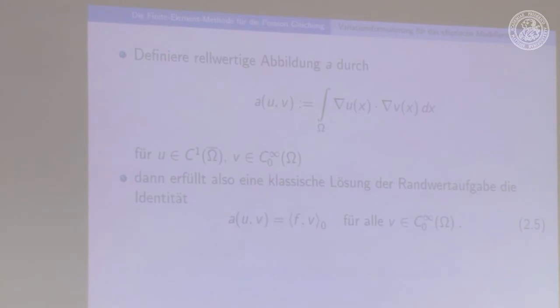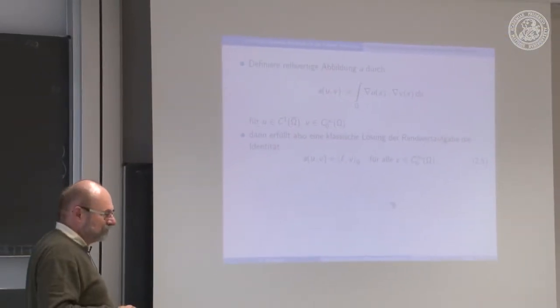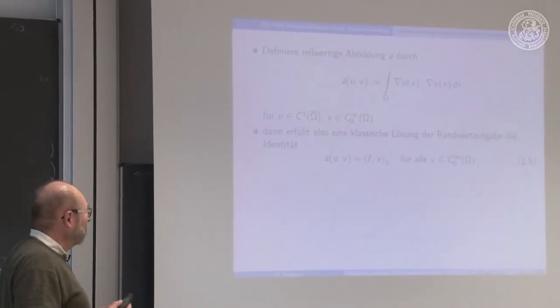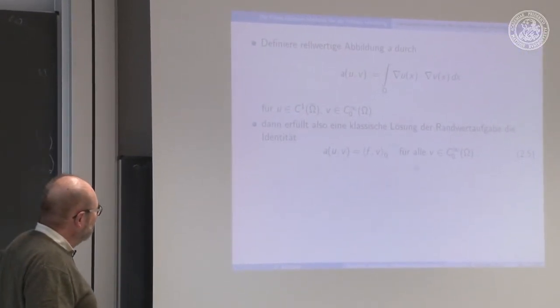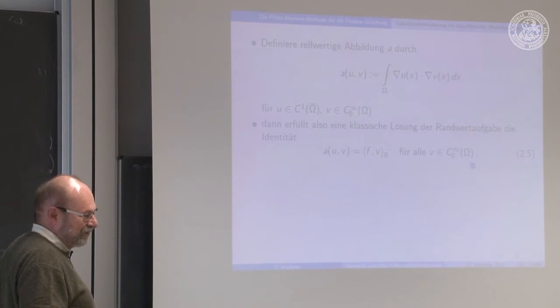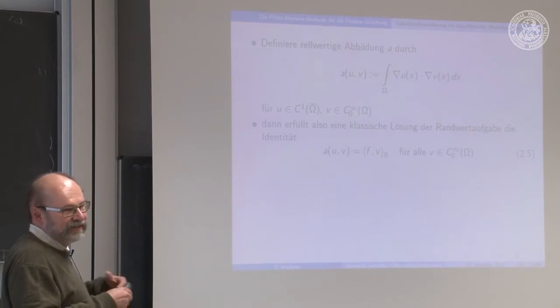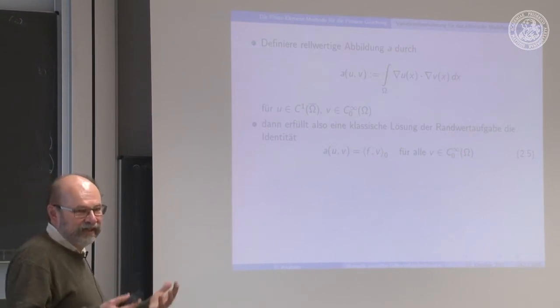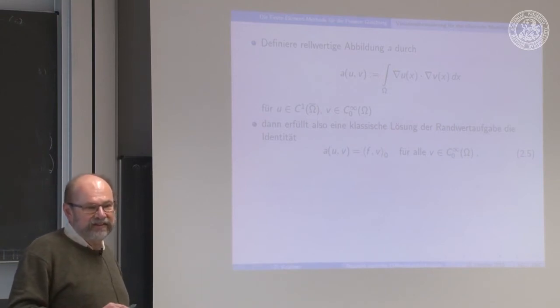This is what is called a variational equation. So it's an equation, and it's variational in the sense that we can vary the test functions here. It's not one equation, it's as many equations as we have degrees of freedom in the test functions.